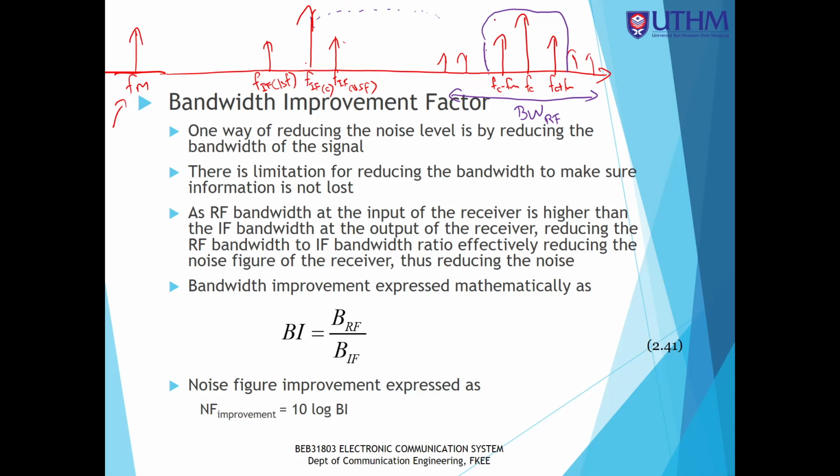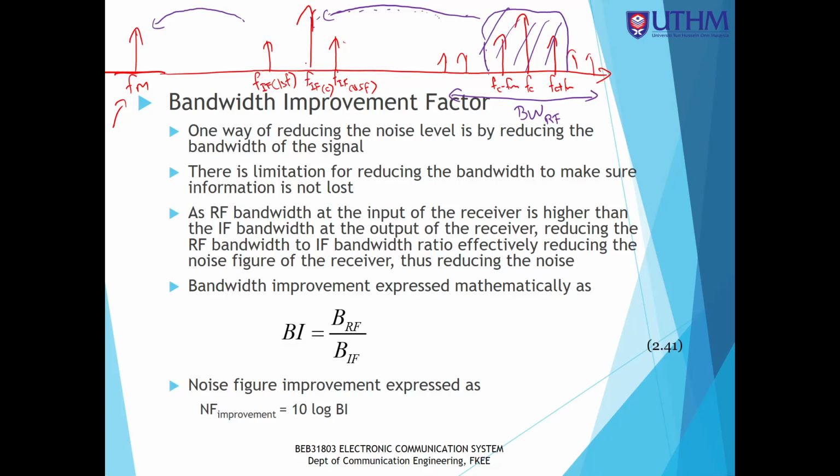So from the band selected by the tune circuit, it is going to down convert the frequency band into intermediate frequency. After it down converts the frequency into intermediate frequency, the receiver will do the demodulation process to produce the original frequency, which is FM.